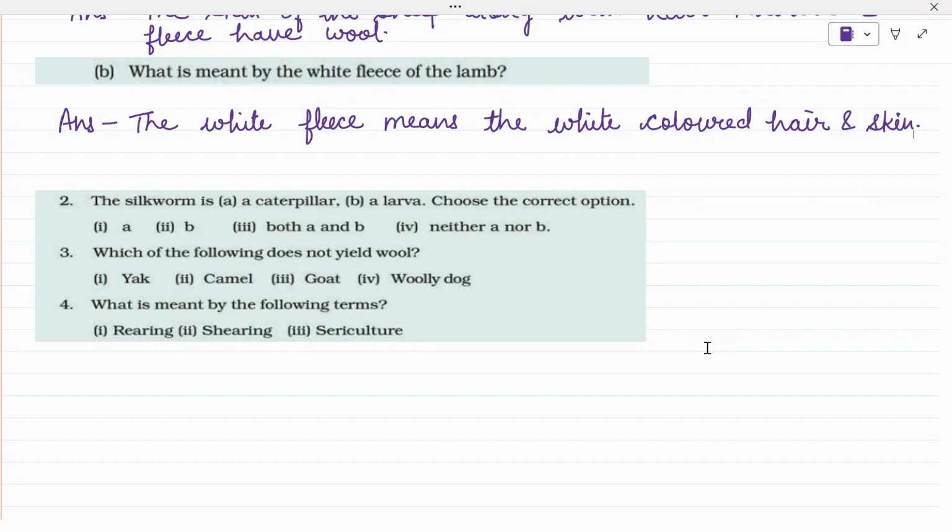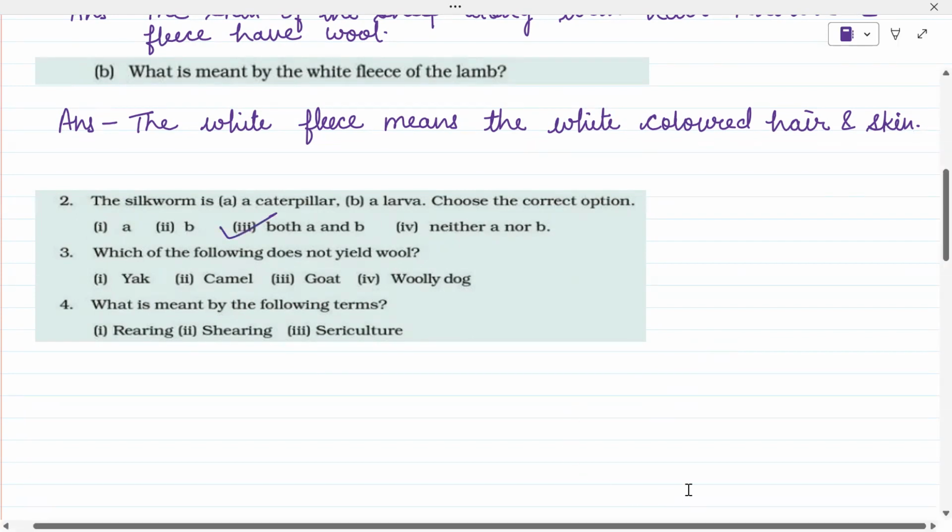Option 3, both A and B. And option 4, neither A nor B. So we all know that in the case of silkworm, the larva is known as caterpillar. Basically, it is a larva, but in the case of silkworm, it is known as caterpillar. So the correct answer will be both A and B.